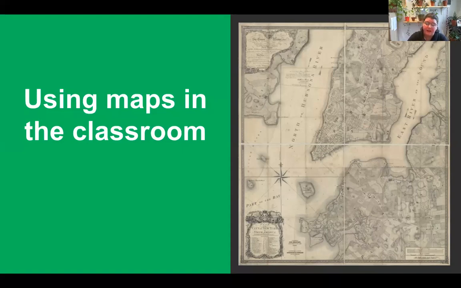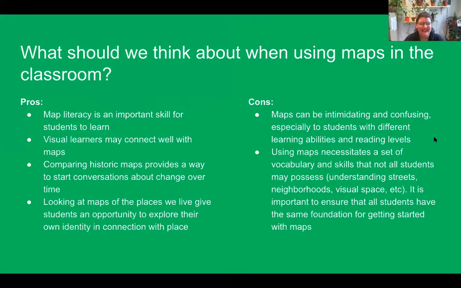So over the next few minutes, we're going to be reviewing some of the pros and cons of using maps in the classroom. So we can go to the next slide. Thank you. Okay, so some of the pros, again, like what we've been saying, map literacy is a super important skill, and we really want to reinforce that our students are learning that.